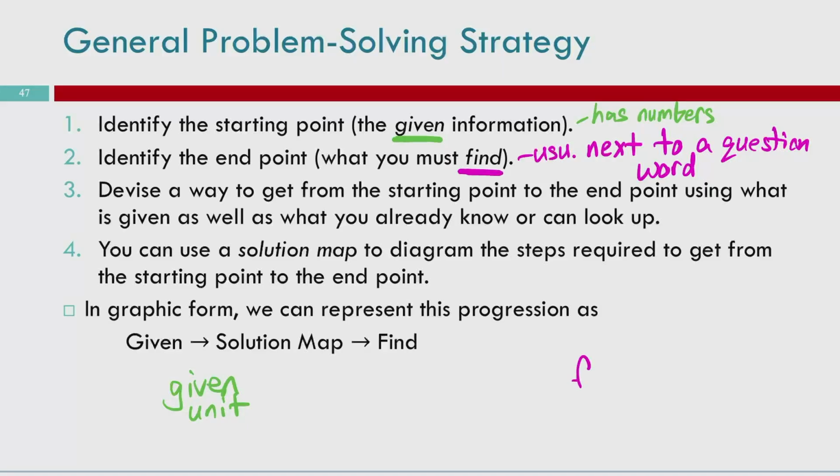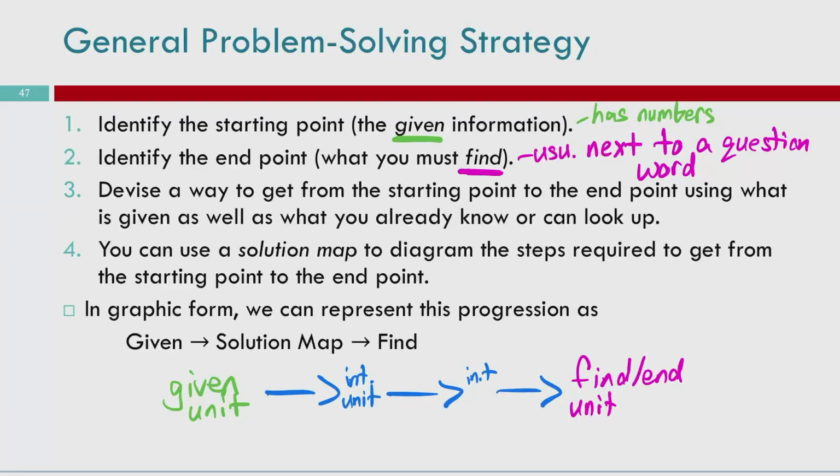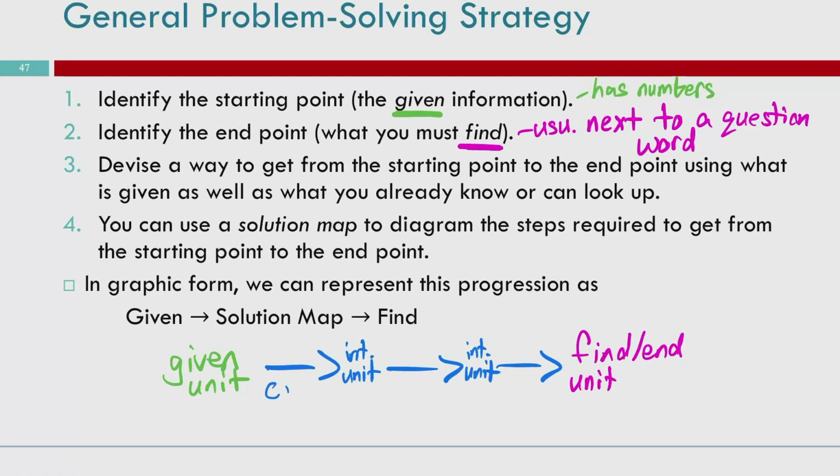We'll have our find unit or our end unit. That's what the answer is asking for. And we'll set up maybe a couple of steps, intermediate units. And we would write our conversion factors under those.